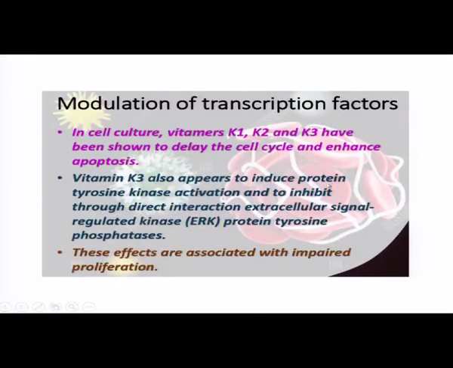You see that vitamin K3 also appears to induce protein tyrosine kinase activation and to inhibit, through direct interaction, extracellular signal regulated kinase, what we call ERK, and protein tyrosine phosphatases. So, you come across this word tyrosine phosphatases.